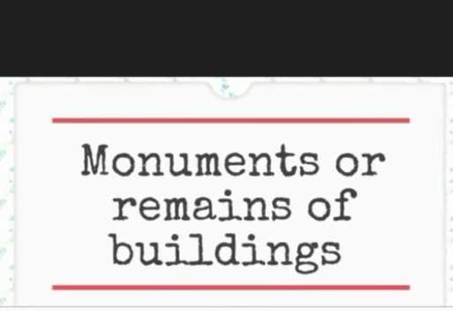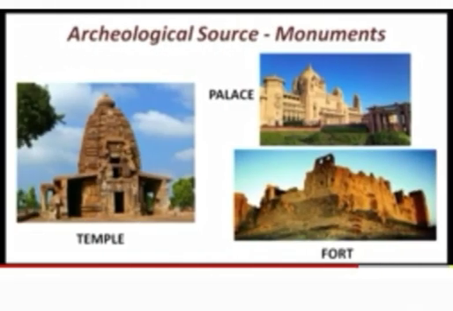Next, monuments or remains of buildings. What are monuments? In short, we can say buildings of historical importance. From this, we will get valuable information about the art and architecture, religious and cultural life of the people of that period.